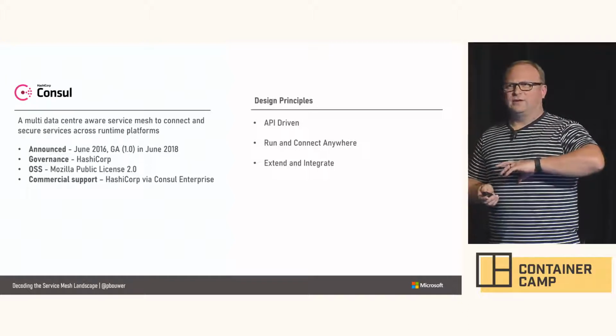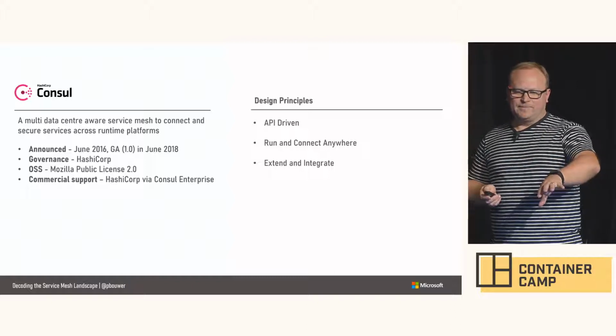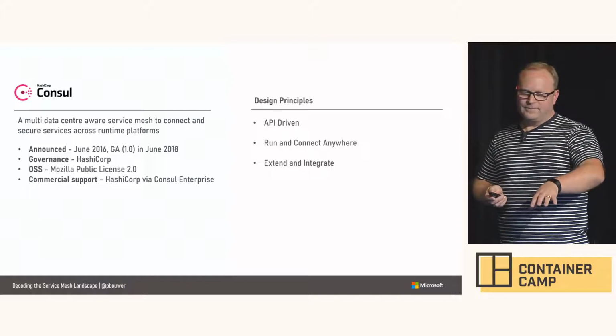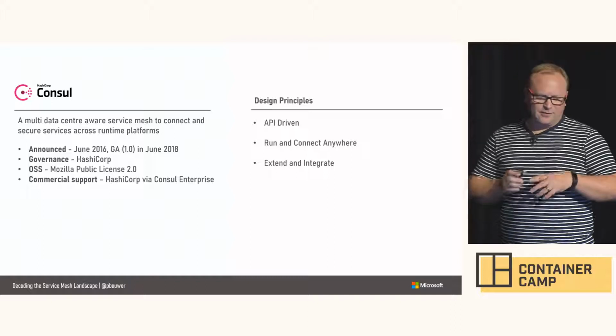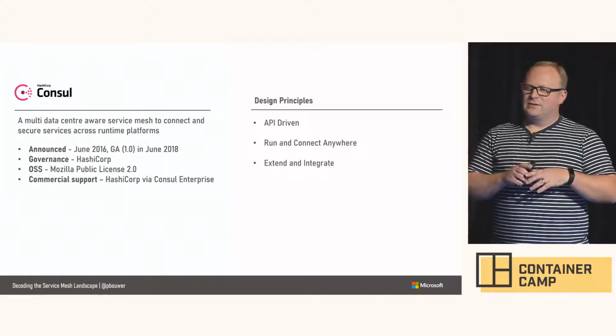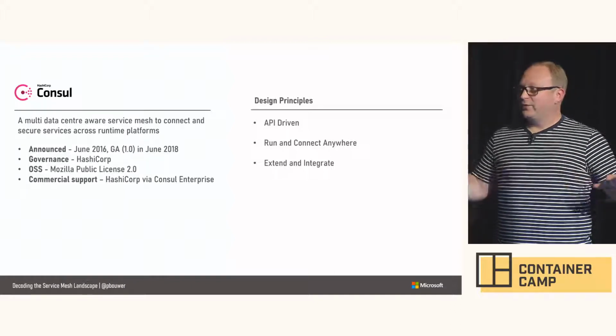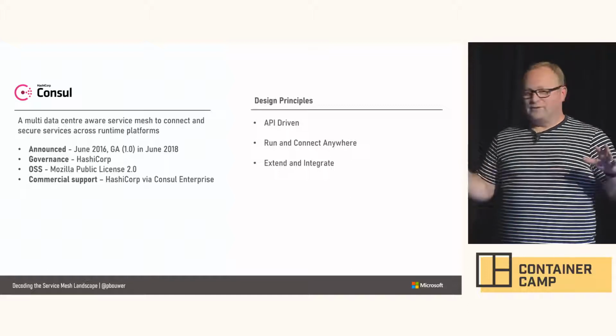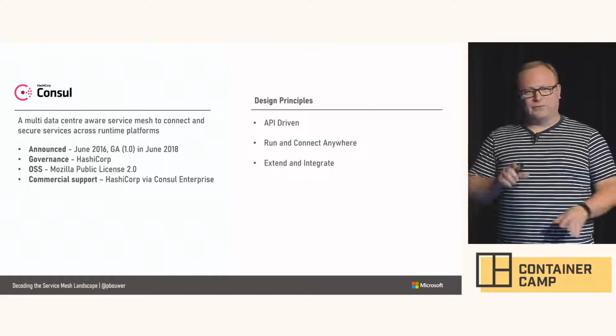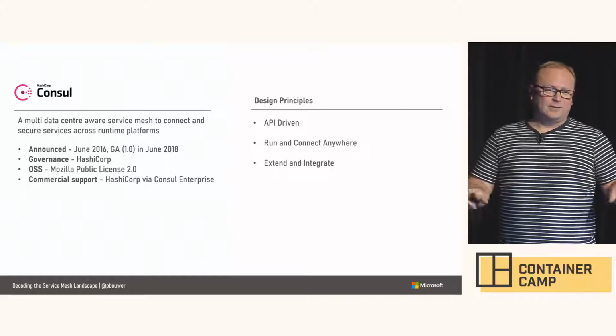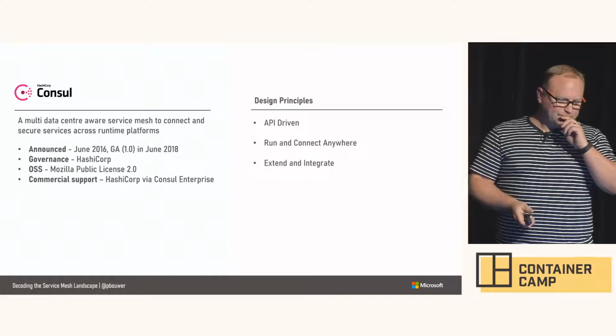So this means their design principles are run and connect anywhere, extend and integrate. So they want to be able to connect your workloads wherever you're running them, whether it's different clouds, whether it's on VMs or Kubernetes, wherever they are, they want to be able to connect them.